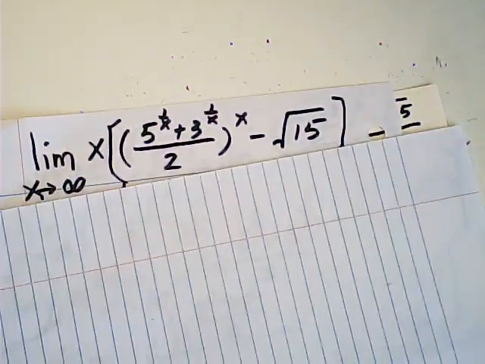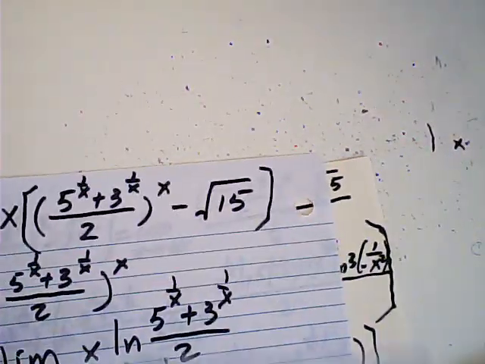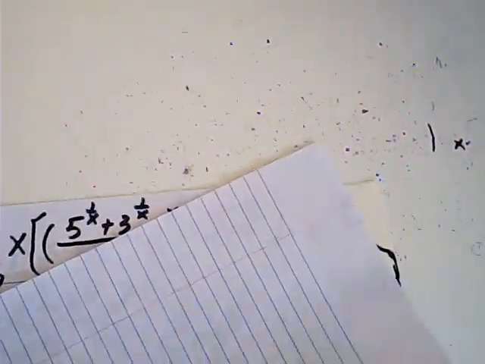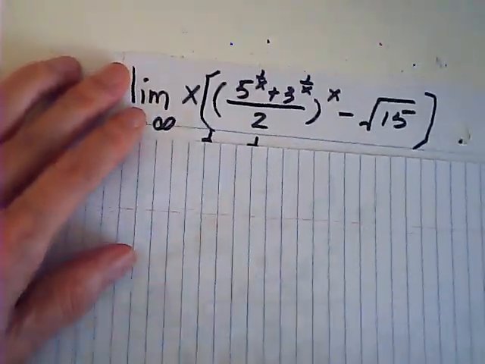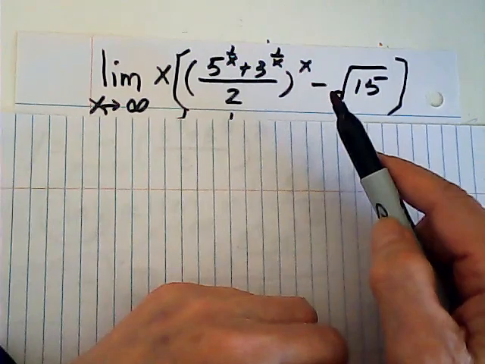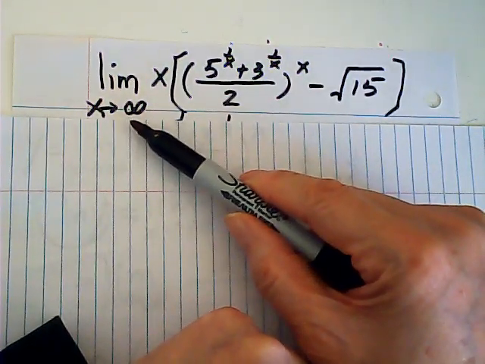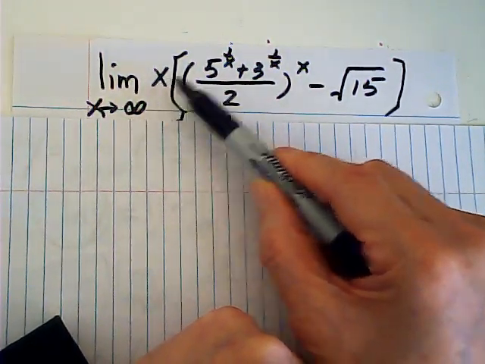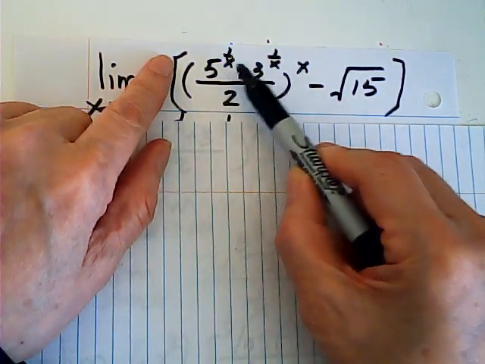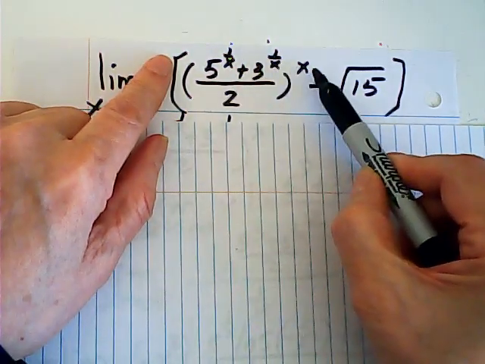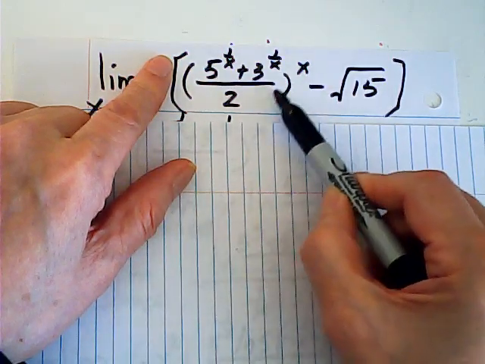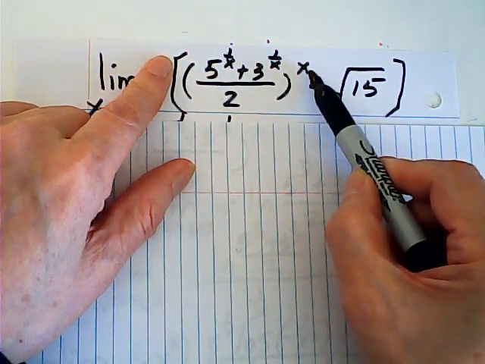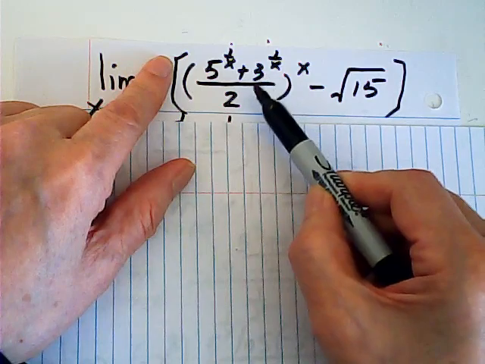Look, x is approaching infinity, so this is positive. This is the exponential function. As the exponent is positive, the base is positive.